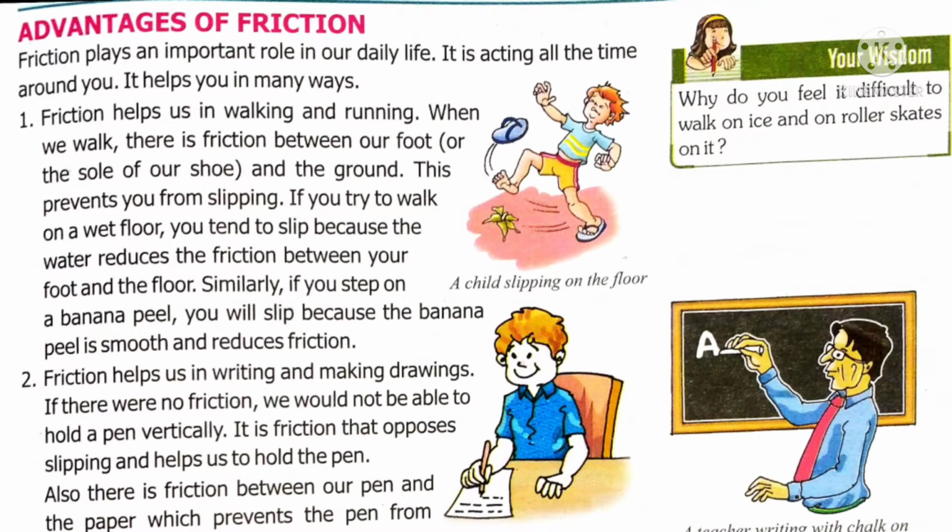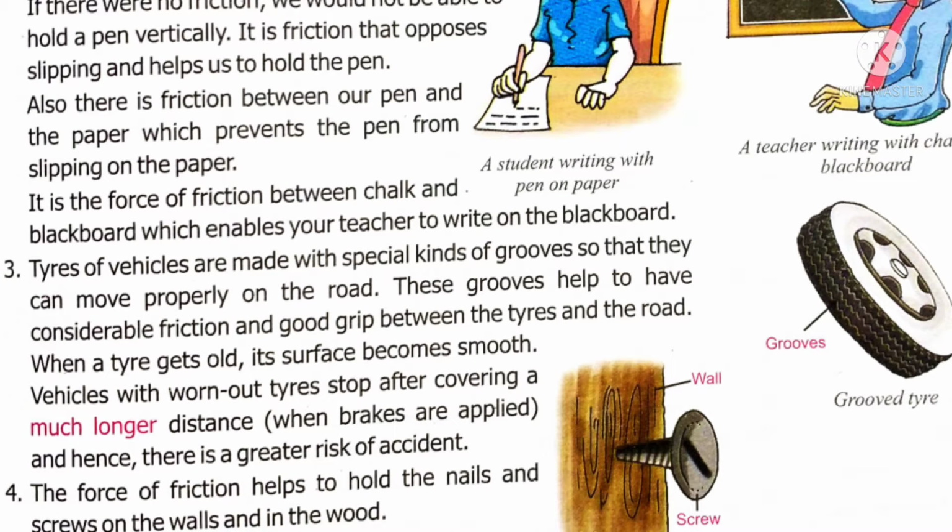There is a force of friction between chalk and the blackboard. That's why we can write on the blackboard with a chalk piece. You know that the surface of the tires of a vehicle is made with some grooves. Grooves mean low, irregular surfaces on the tire, made this way in order to increase the friction between the tire and the road.